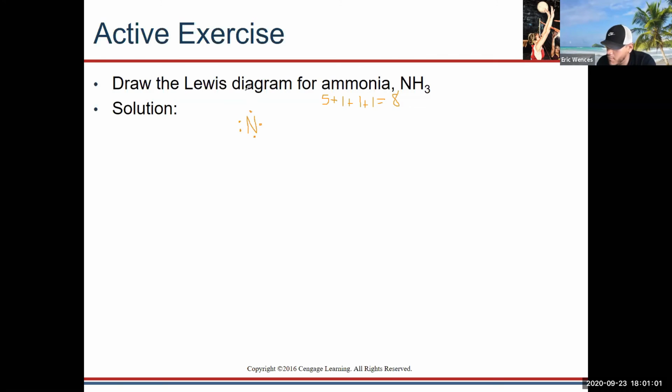So let's start with putting nitrogen's electrons around it. And then we can start putting our hydrogens around. So this guy forms a bond, this guy forms a bond, and this guy forms a bond. Now count total electrons around nitrogen. 8.